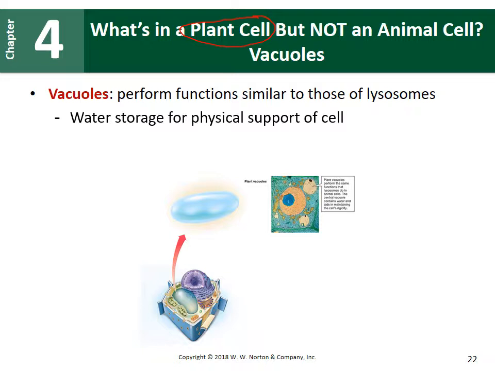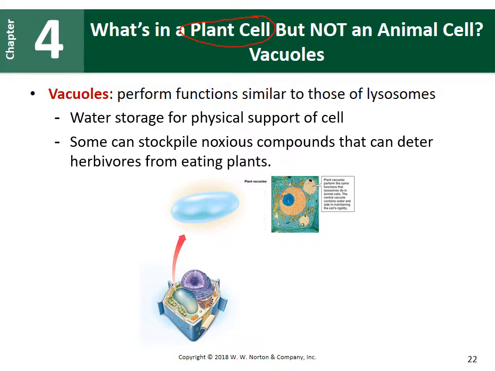And this goes back to that osmosis that I mentioned earlier in the chapter. So plants really like to be in those hypotonic environments where water flows into the plant cells. And that water that is flowing in is going to be stored in the vacuole.